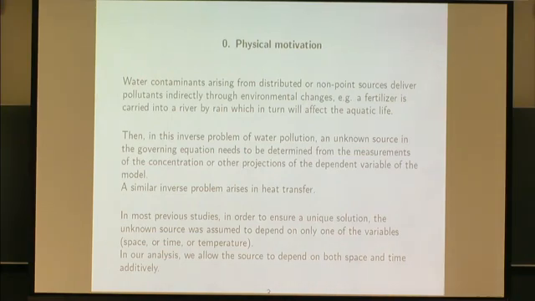Okay, so we are not looking first at point sources, where you can have a source which you want to determine carrying into the stream of water. We look for distributed sources, so these are classified as sources which deliver pollutants indirectly through some environmental changes. So imagine a fertilizer which is carried into a river by acid rain, and this will in turn affect the aquatic life.